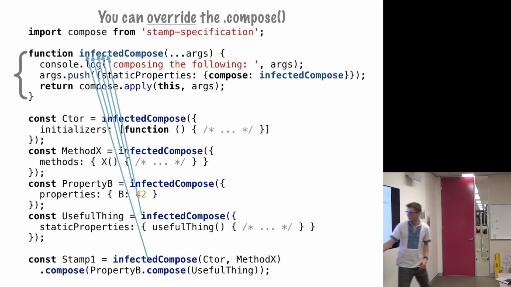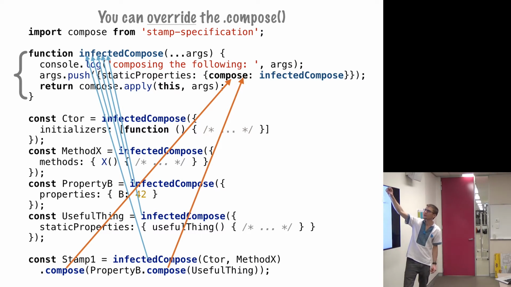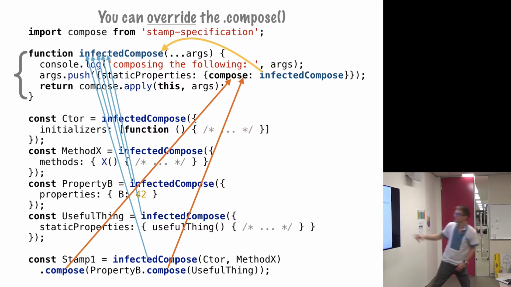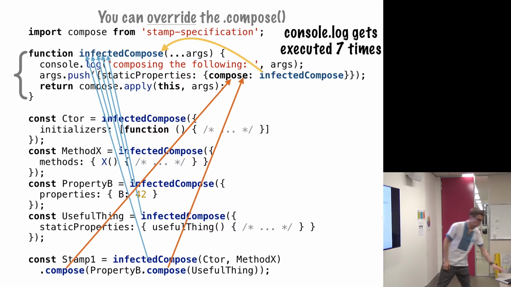So in these 2 cases, that function will be called. Because you see, I added a few more metadata to all the new stamps so that it will have the .compose static method. But it references the infected compose itself. So it's like a circular reference, kind of. And this means that the console log will be called 7 times.